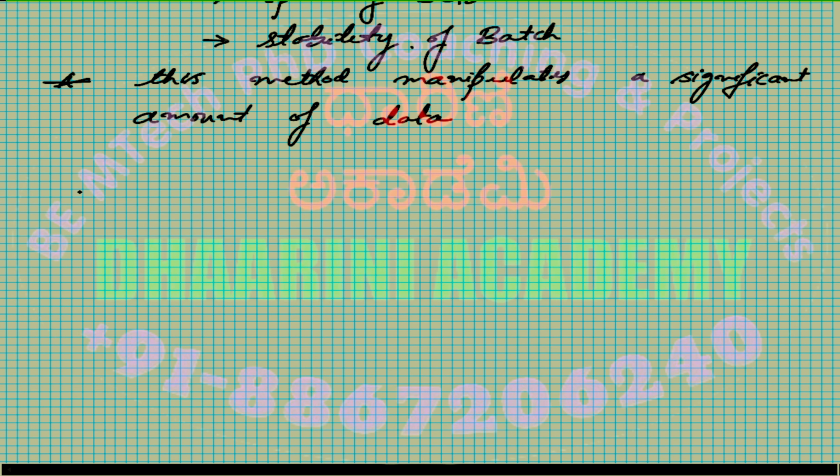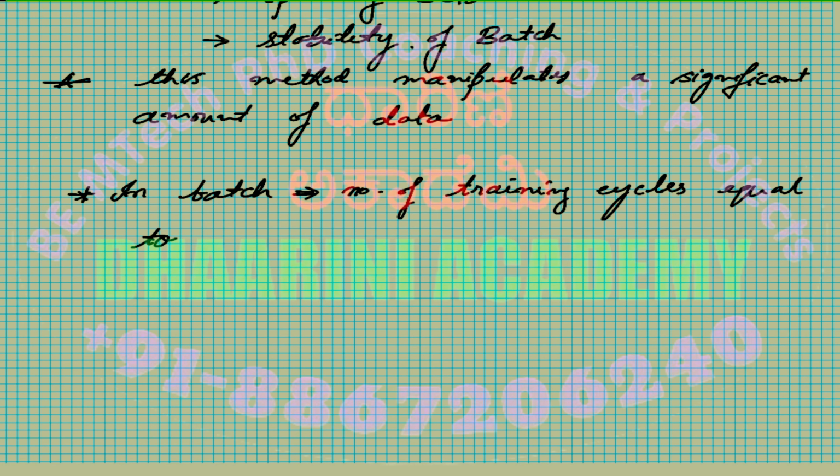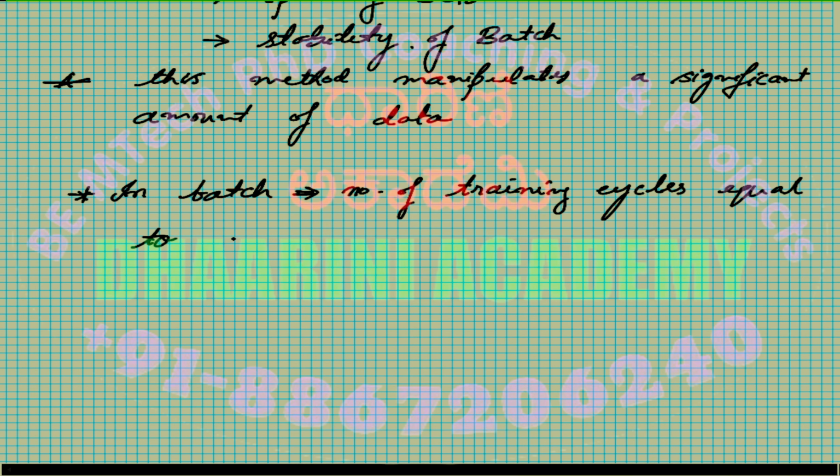So in batch, the number of training cycles becomes equal to the epoch itself. How many epochs you have?